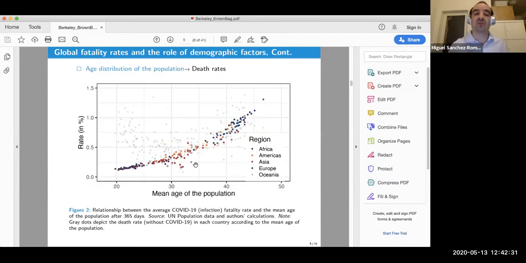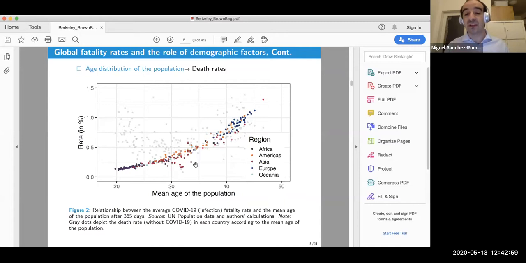Now, with respect to the age distribution of the population, this is already quite clear. It wasn't so evident two months ago, but what we know is that the case fatality rate is highly dependent on age. As individuals age, they have a higher probability of dying once infected.